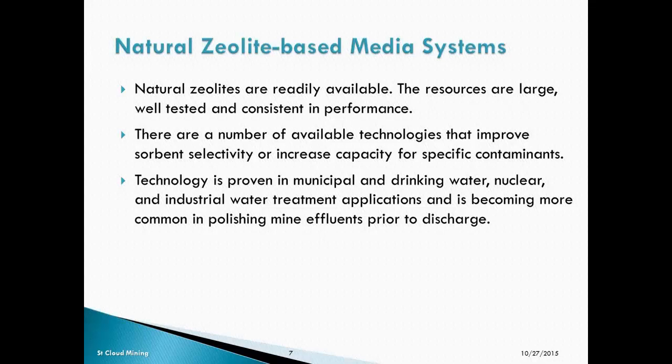The technology is proven in municipal and drinking water applications, nuclear and industrial water treatment applications, and we're finally getting some traction in mine polishing applications prior to discharge. There's a lot of really good commercial treatment technologies out there, but as states and the federal government continue to lower the allowable discharge, those technologies can no longer get there, and the zeolites work very well at polishing the material at that point.